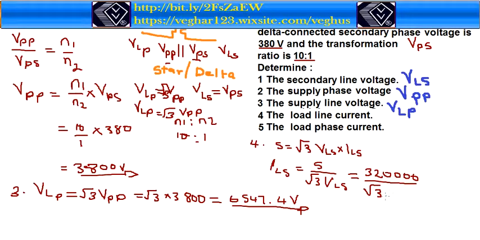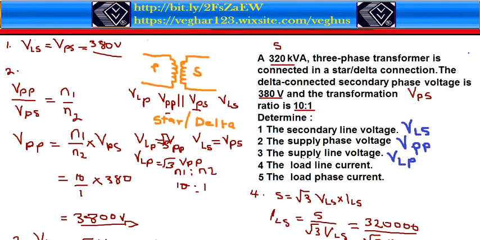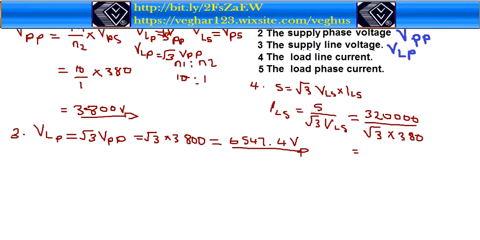We're using root 3 multiplied by the given voltage. The 320 is the power of the transformer, given there on top. Calculating this, I get 486,2 amps.